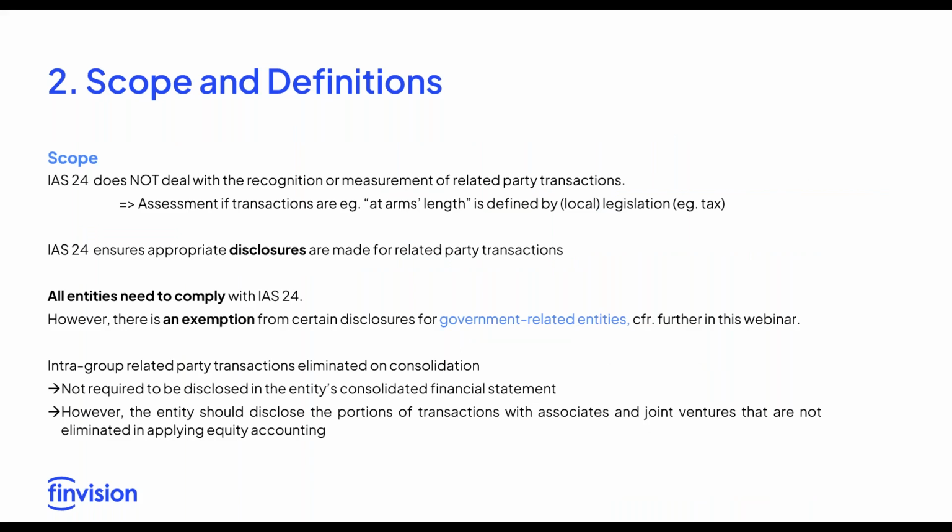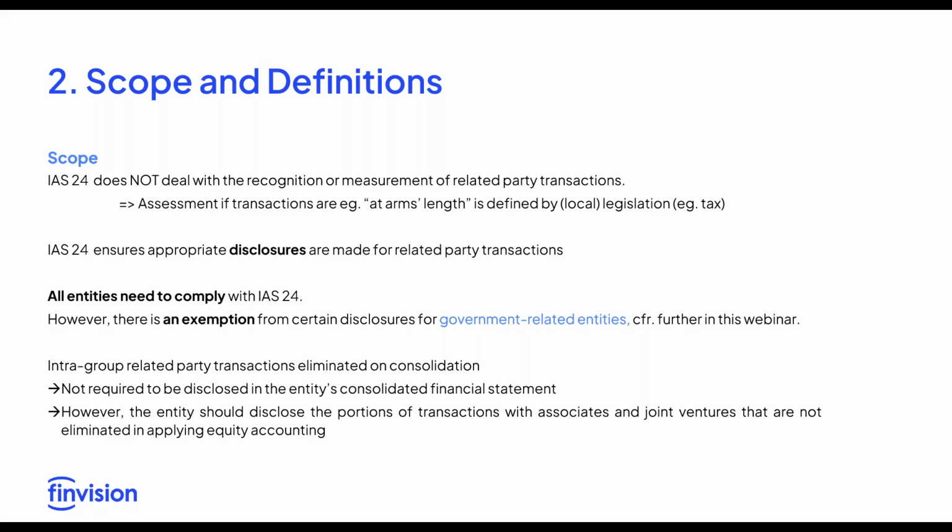What is not in scope of IAS 24? Well, in fact, IAS 24 does not deal with the recognition or the measurement of the related party transactions. So in the assessment, if transactions are, for instance, at arm's length or not, that's not included in the standard. That is defined by local or tax legislation, but that's not part of the IFRS standard.